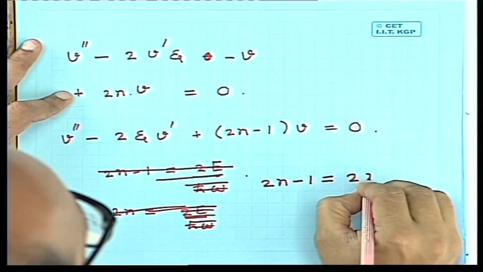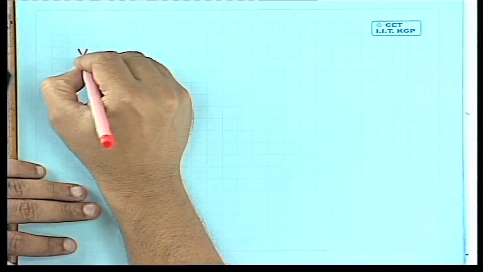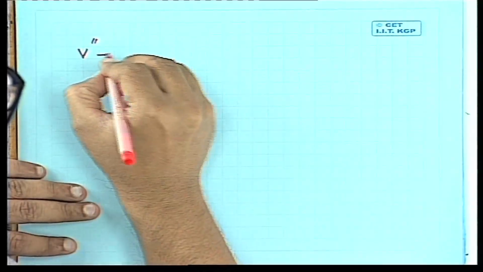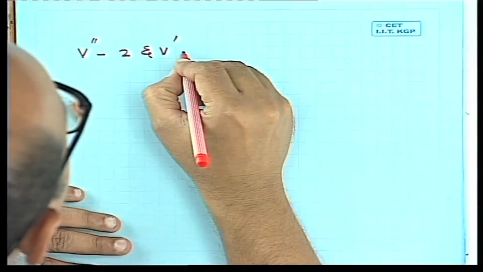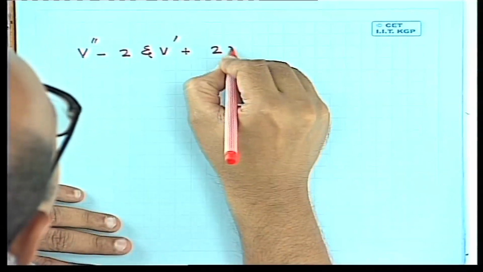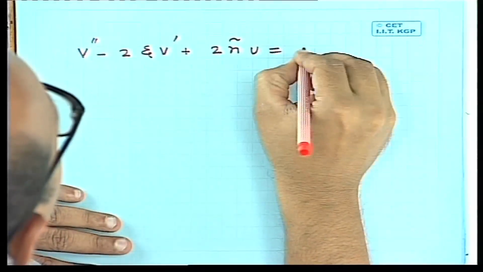So let us call this 2n tilde. So this equation then reduces to v double prime minus 2 xi v prime plus 2n tilde v is equal to 0.